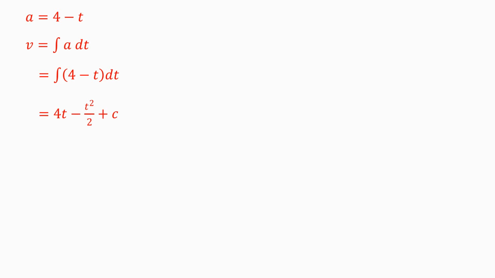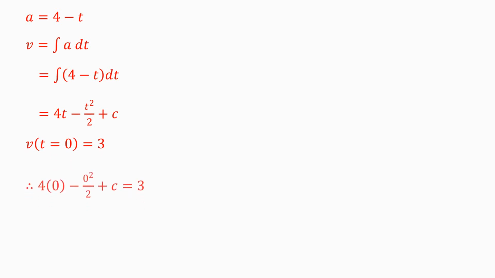Then we've been told that the initial velocity was 3 meters per second, so it means at time t equals 0, the velocity was 3. And so we can equate the velocity equation, which has a c, to 3.